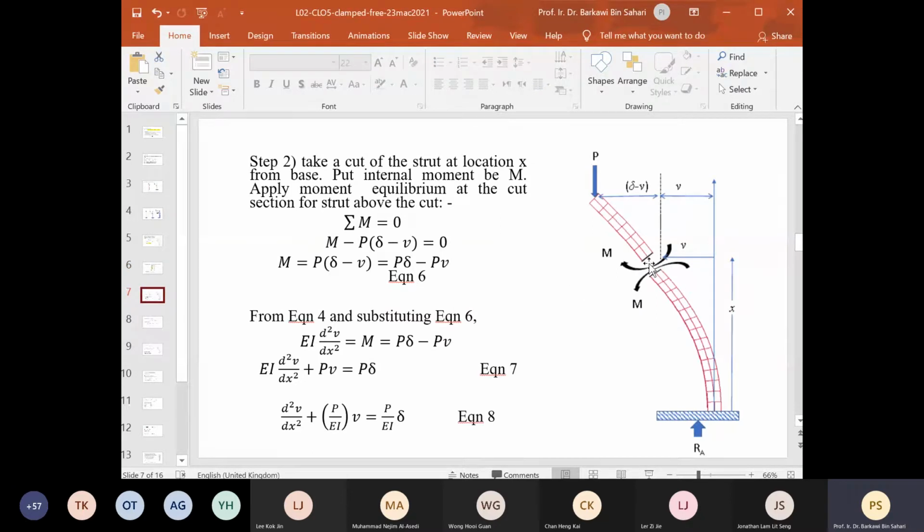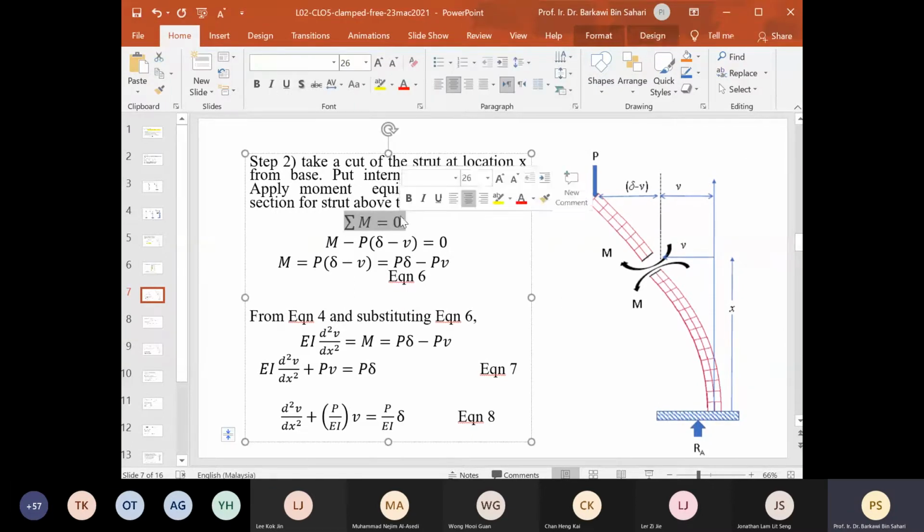Now we take a cut, and the moment equilibrium, summation of M equal to 0, we take the equilibrium at the cut and above the cut, because we do not want RA to come into the equation, making it simpler.